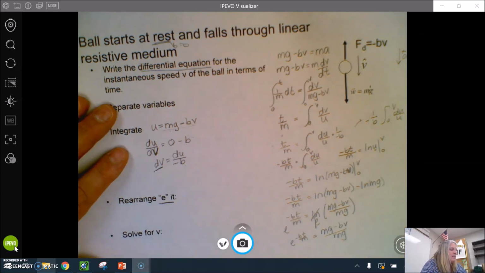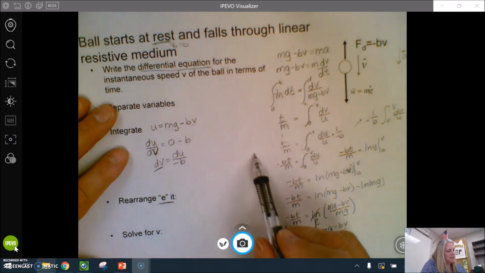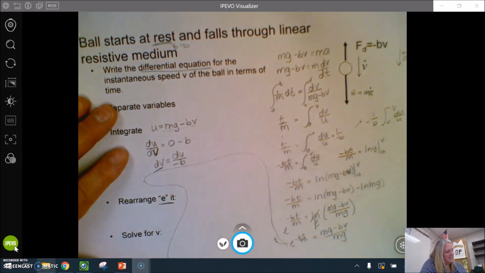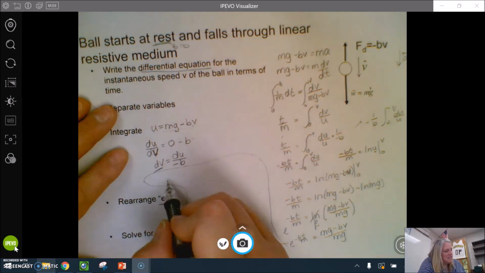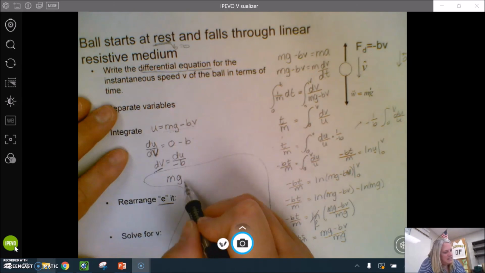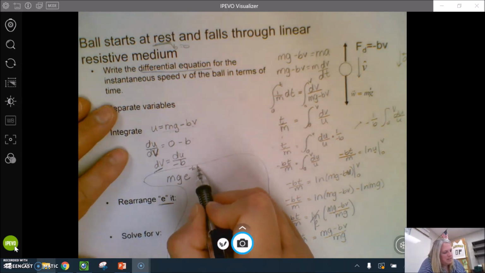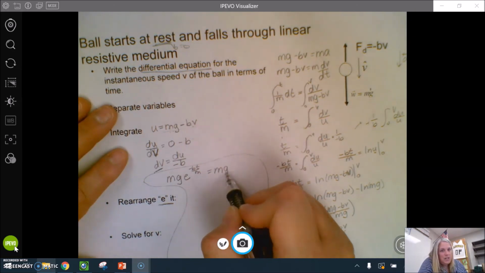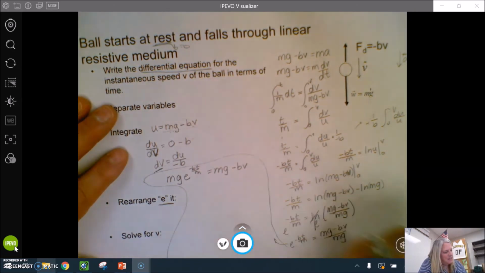Now we want to solve for v, so that means we have to do some rearranging, and I'm kind of running out of space, so let's just move over here. We're going to move the mg to the other side, so we have mg e to the power of negative bt over m is equal to mg minus bv.